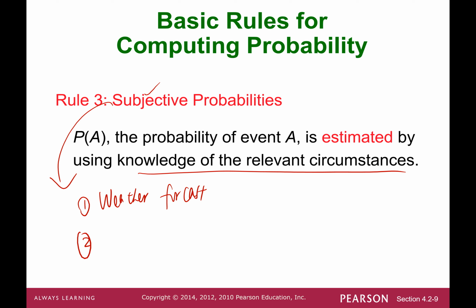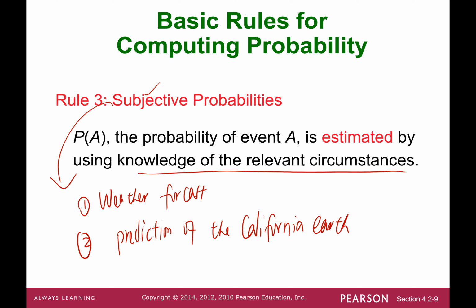A second example could be the prediction of a California earthquake. That's also a subjective probability. Nobody knows when that occurs, but you can only make a prediction about it using professional equipment and knowledge.